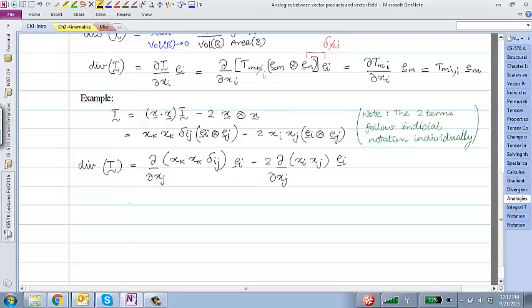So when I take the first derivative, I'll break it up with the product rule.